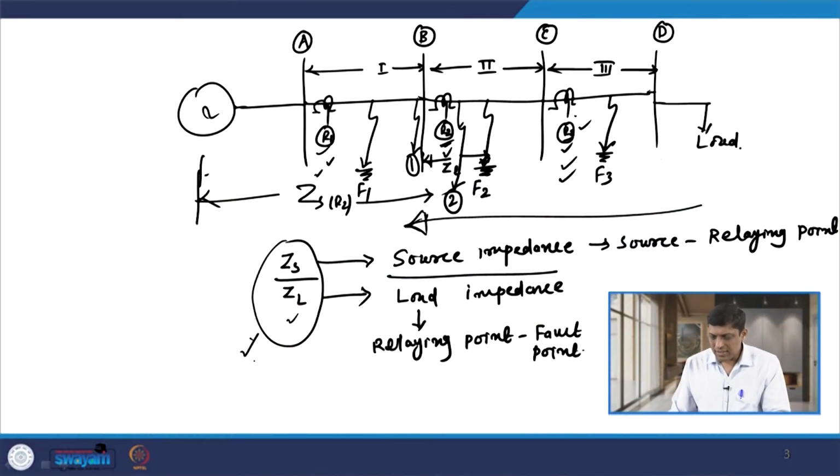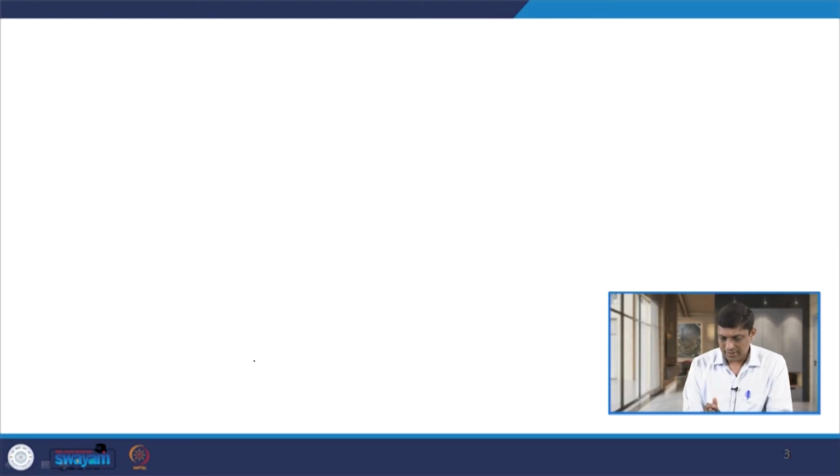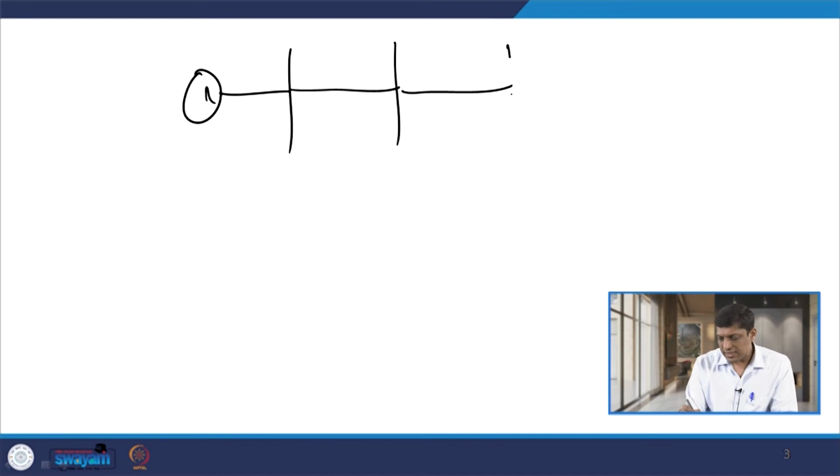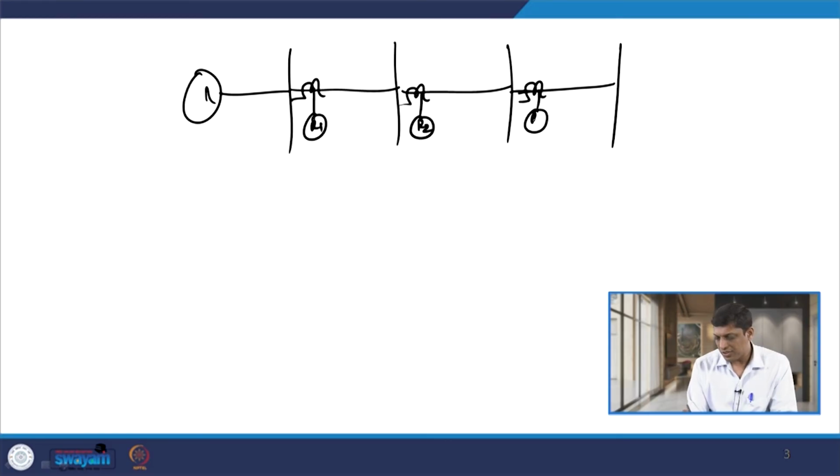Let us see the meaning of this. Consider the same three line sections with relays R1, R2 and R3 connected. Say a very close in fault occurs in line section 2.